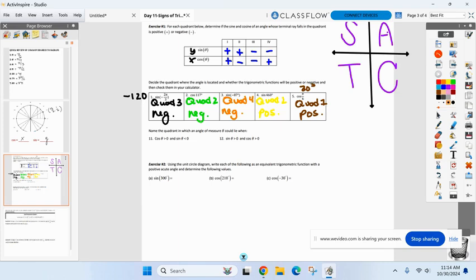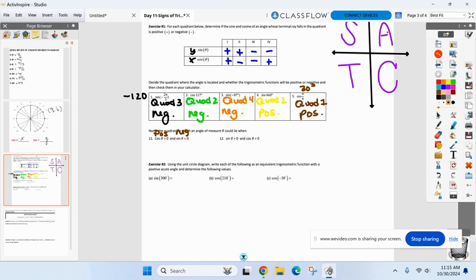If I tell you cosine is greater than 0, that's just a fancy way of saying it's positive. So cosine is positive, while at the same time, sine is less than 0. Less than 0 is just a fancy way of saying it's negative. There's only one quadrant where cosine is positive while at the same time sine is negative.